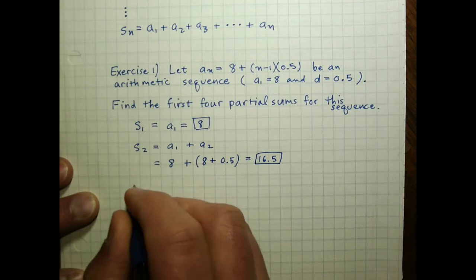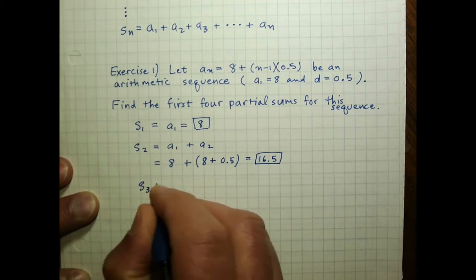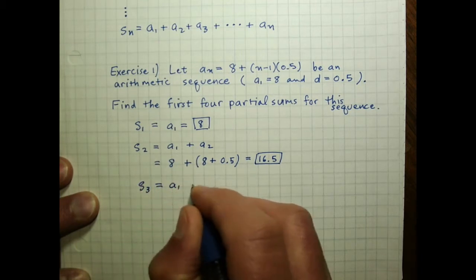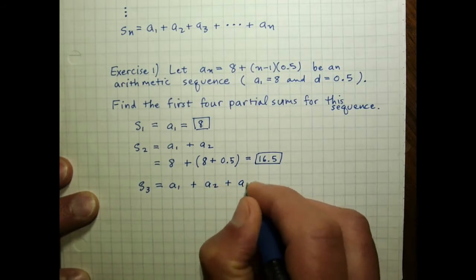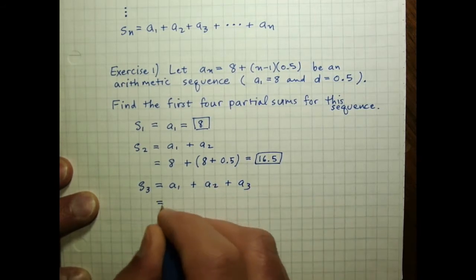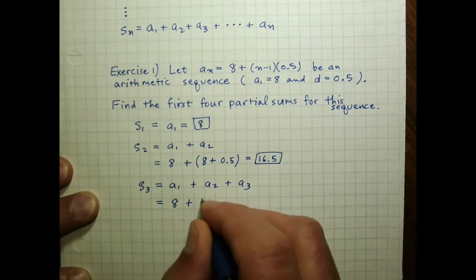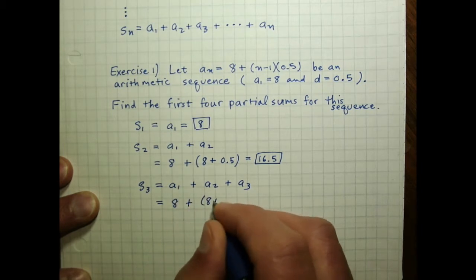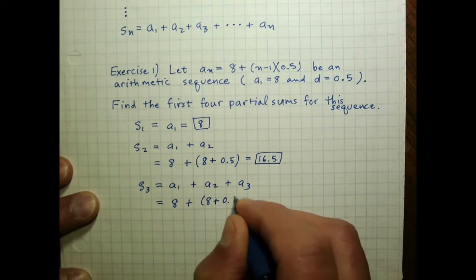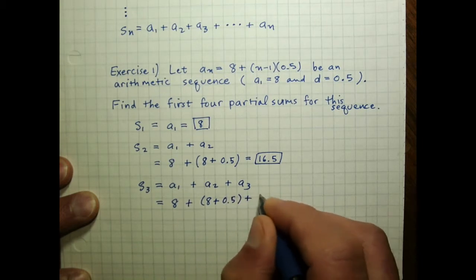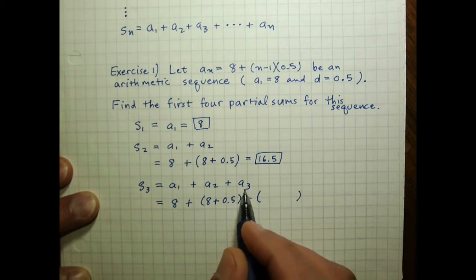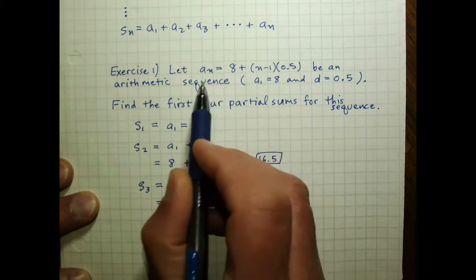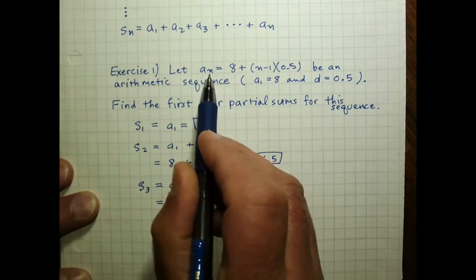S3 is going to be A1 plus A2 plus A3, which is 8 plus, we already figured out A2, 8 plus 0.5, plus, now I'm going to add on my A3 term. A3 is what I get when I set n equal to 3 in the formula.